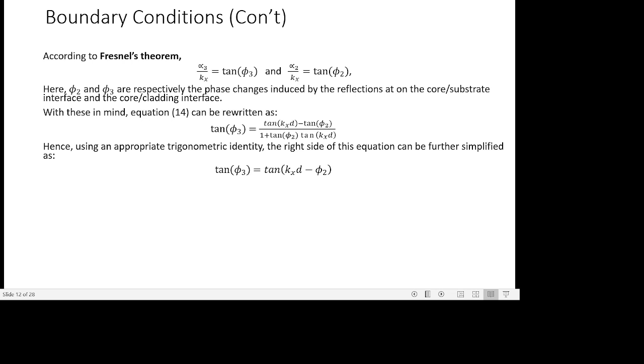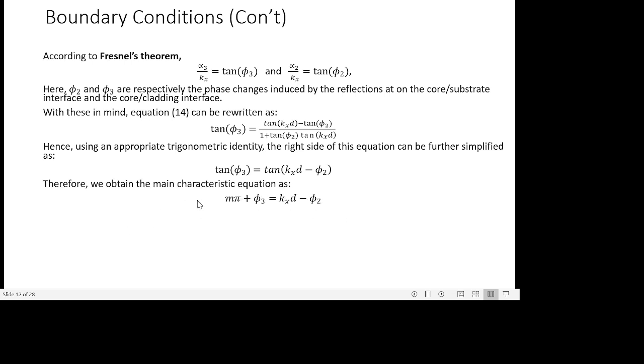And the right side of the equation can be substituted with another trigonometric identity, kx times d minus v2. So if both tangent expressions are equal, then their arguments should be equal as well.